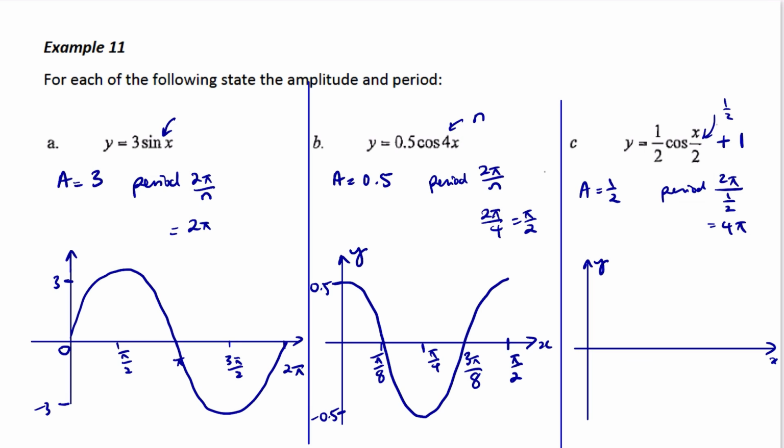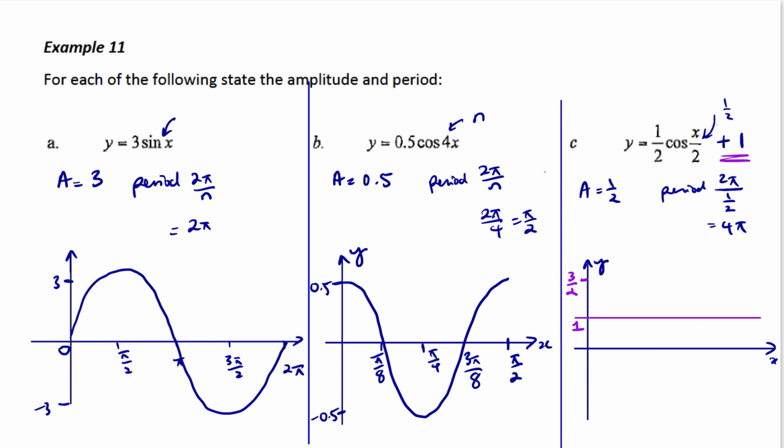Now, this time what's happening though is that the whole graph is being lifted by 1. So how does that affect it? Well, this is my little trick to be able to do it with a different color, maybe with a grey lead so you can easily rub it out. I will draw another line at 1 and that becomes my new fake axis. So from there, I'm going to draw my cos graph. If the middle is 1 and the amplitude is half, that means it's going to go all the way to 1.5 or 3 on 2.